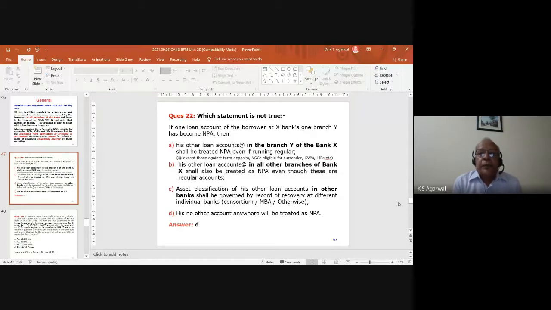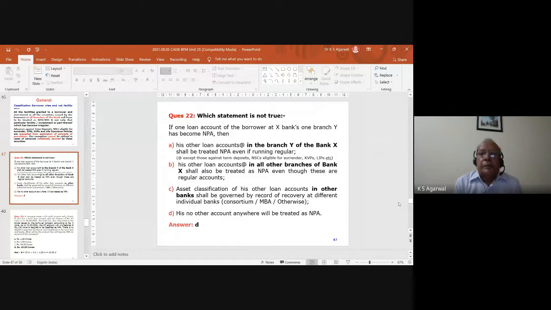One account has become NPA. So his other loan accounts in branch Y of the bank X shall be treated as NPA even if running regular. Same branch of the same bank, his other loan accounts will be treated as NPA.